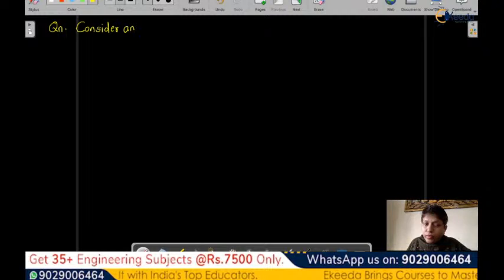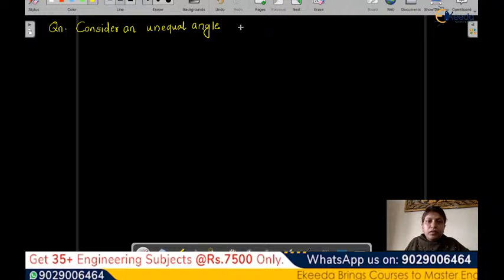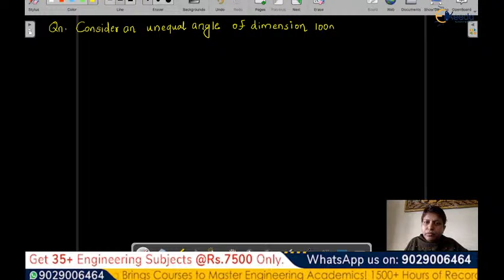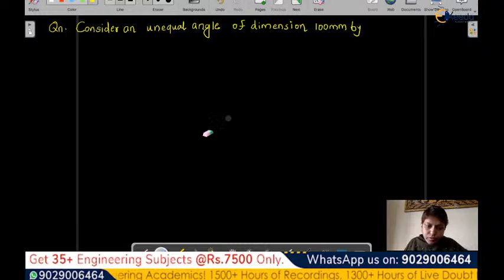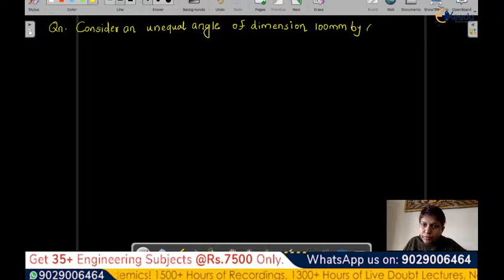Consider an unequal angle of dimension 100 millimeter by 60 millimeter, and 10 millimeter thick.